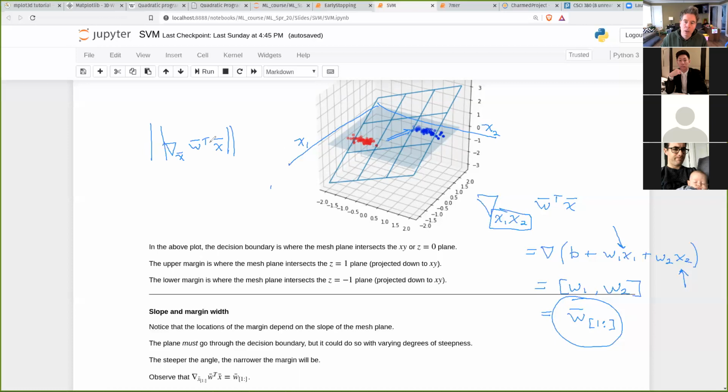If the magnitude is small, that means it's not very steep, and if the magnitude is large, that means it's a really steep plane. It's going to cut through the same decision boundary either way. But notice there's a free variable here as far as the slope of the plane that does the cutting. You could have a really steep plane slice this, or you could have a really shallow plane slice that.